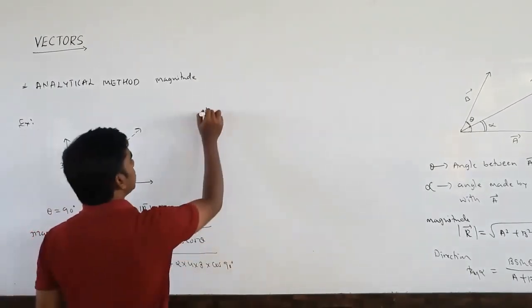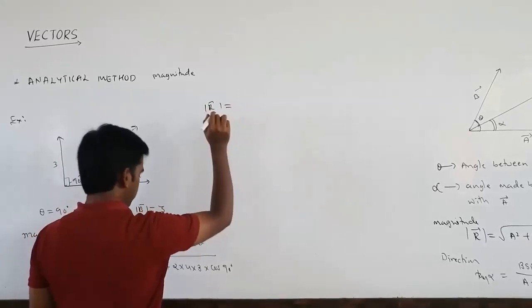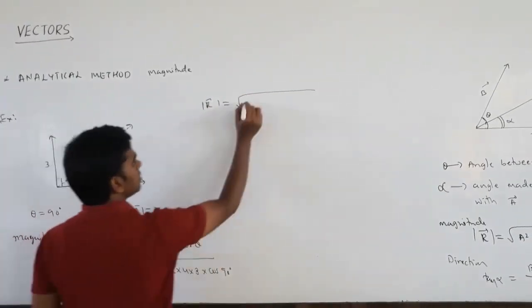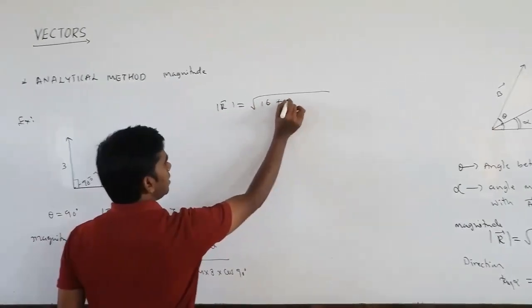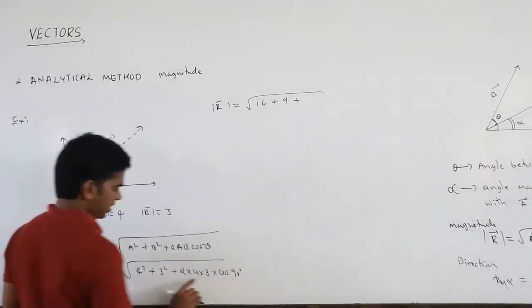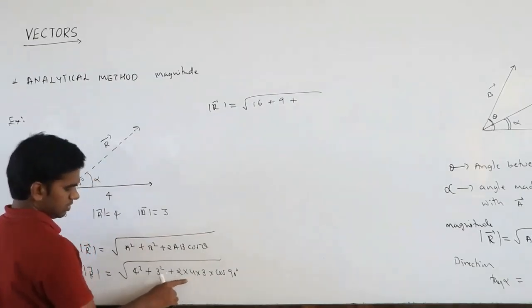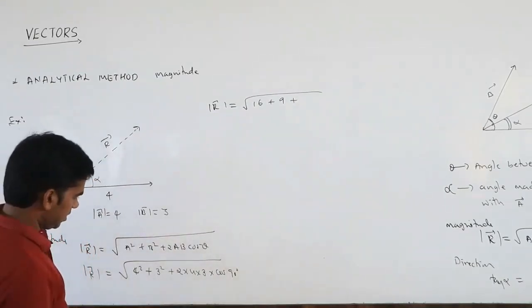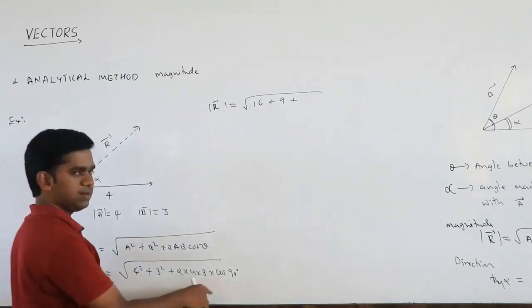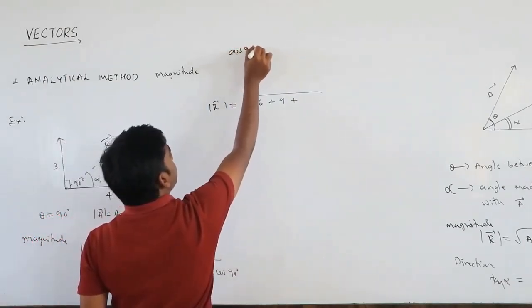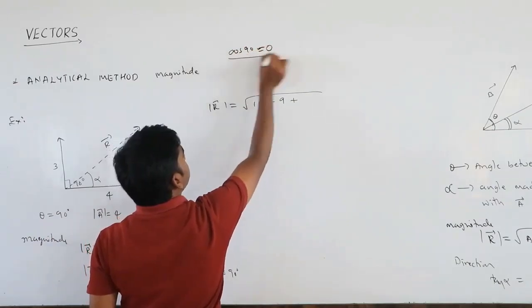So R equals the root of 16 plus 9 plus 24 cos 90. What is cos 90? Cos 90 is 0.